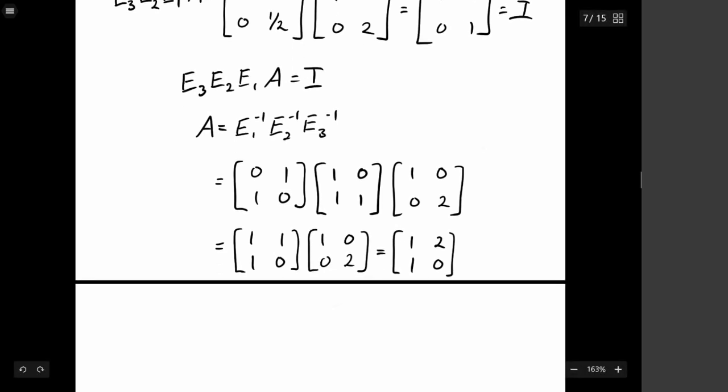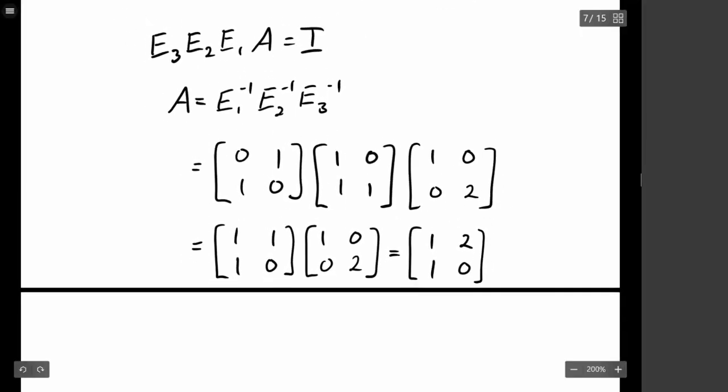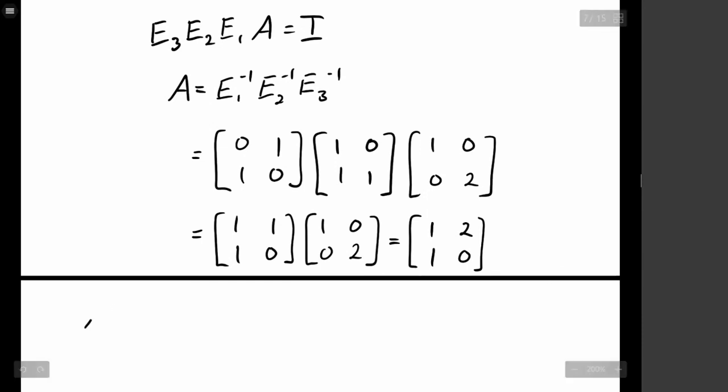All right. So here, we've shown that the matrix A is this product of elementary matrices. Fun fact, by the way, we also get the inverse of A. So if this is A, this product of elementary matrices is A inverse.